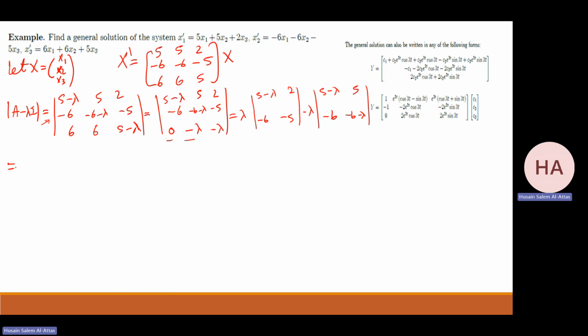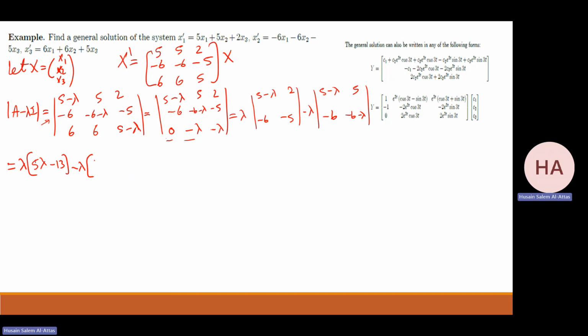Let me do the calculation. I have lambda times what? This is 5 lambda minus 25. 5 times 5 is 25, minus 25 plus 12, this is minus 13. Okay, minus lambda times what?